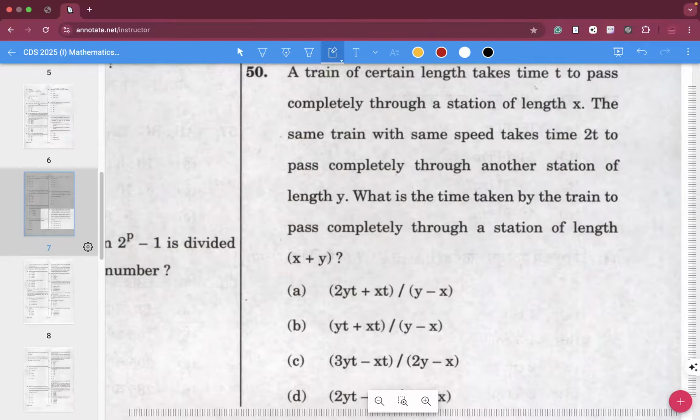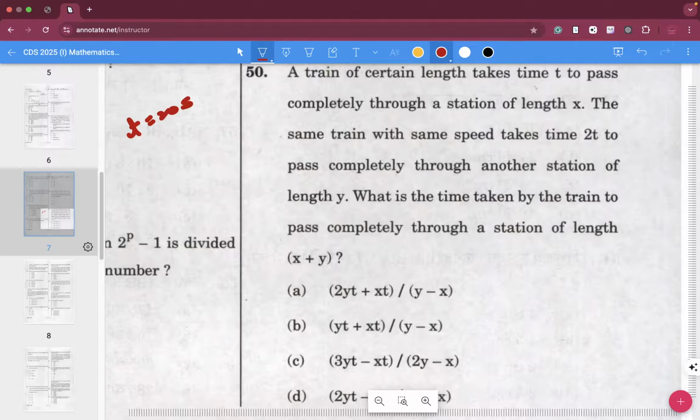So the next question is: a train of certain length takes time t to pass completely through a station of length x. I'm assuming, let's say, time is equal to 20 seconds.